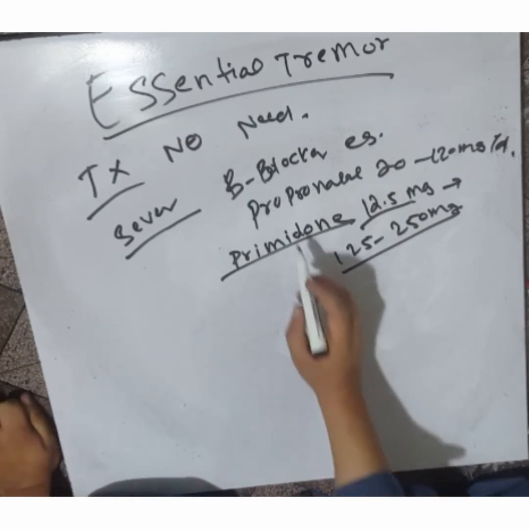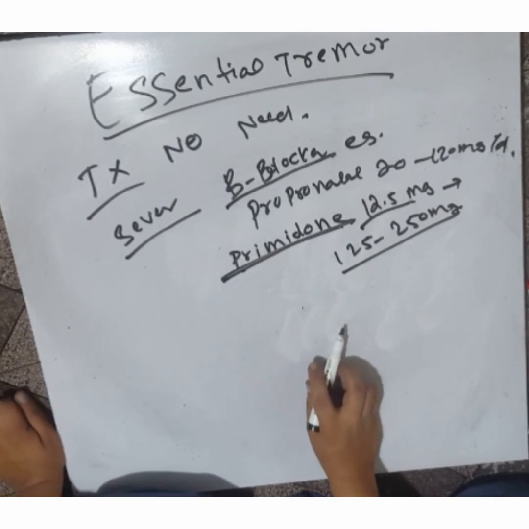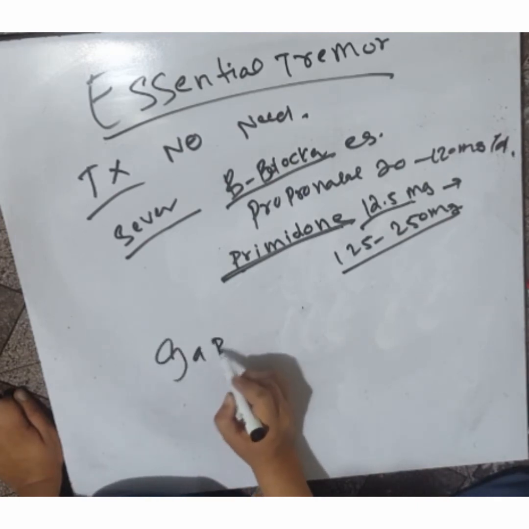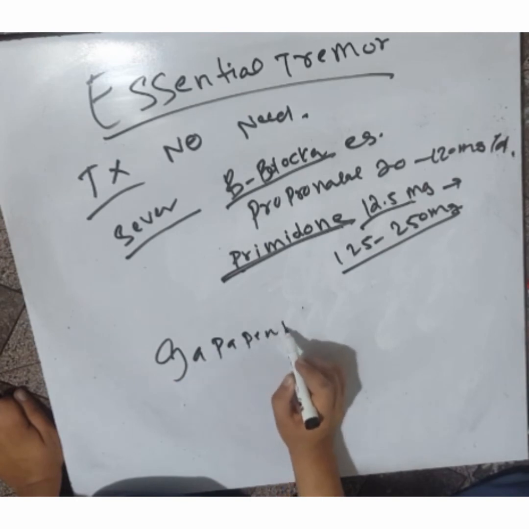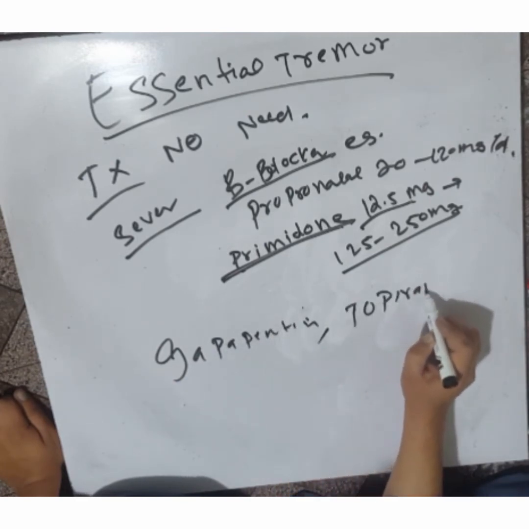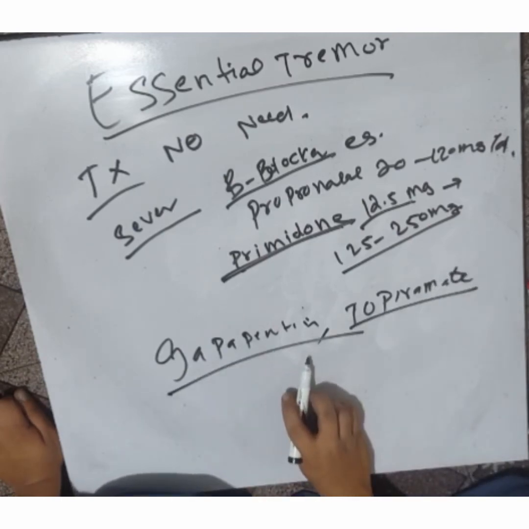We can give a beta blocker and primidone. We can also give gabapentin and topiramate.